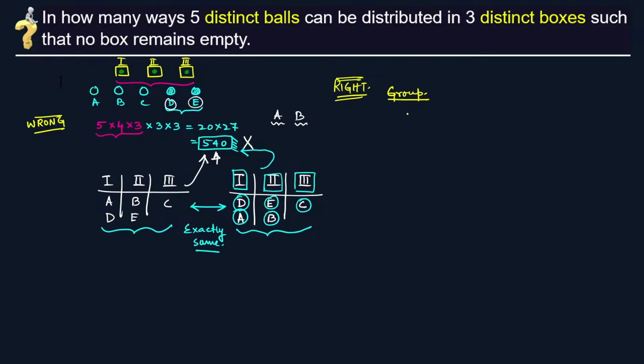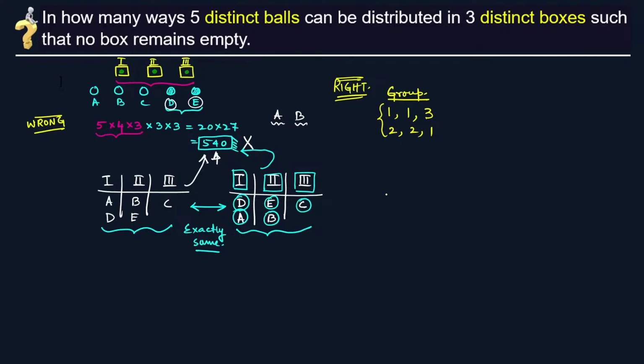So what can be the group size? It can be 1, 1, 3, because no box can remain empty. At least one ball has to be given in every box. Or it can be 2, 2, 1. That's it. No other group can be formed where no group remains empty.